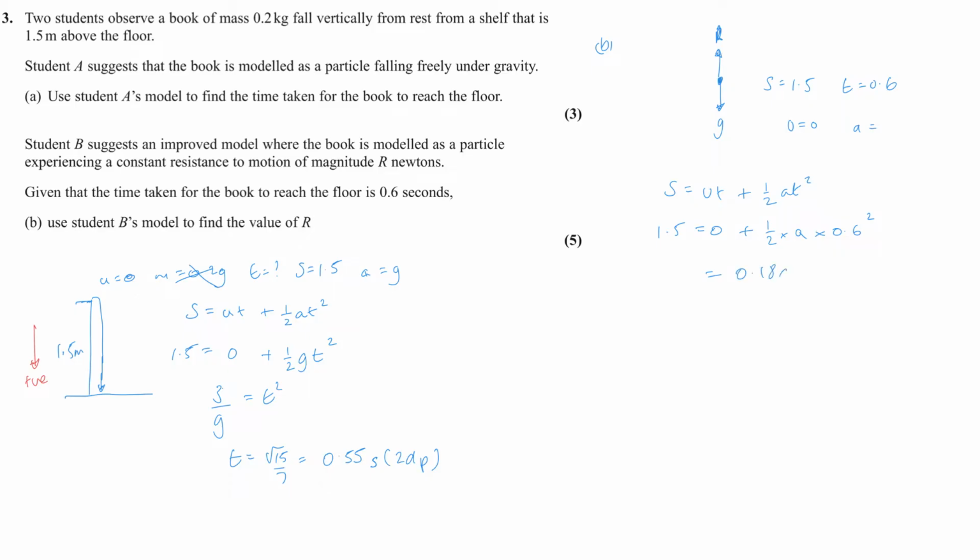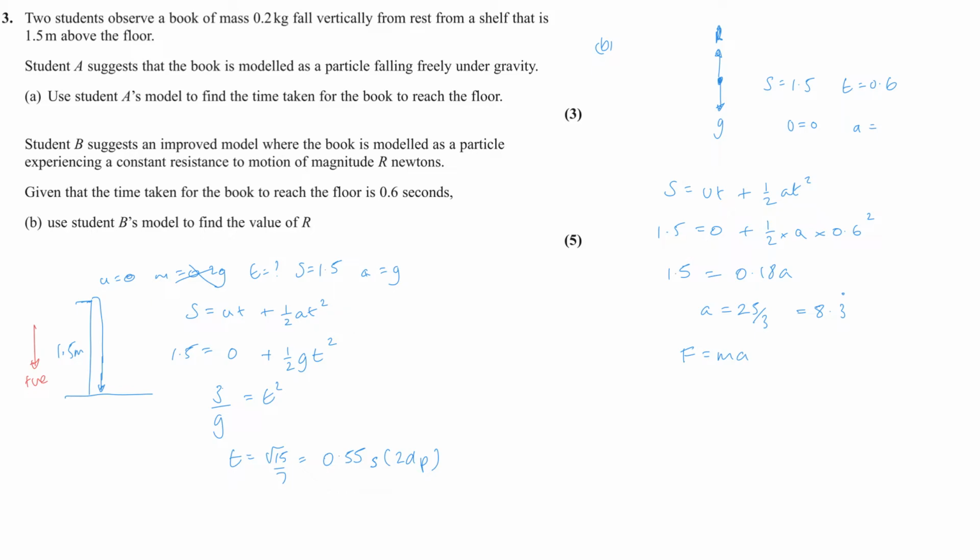So 0.18a equals 1.5. 1.5 divided by that. So a is 25 over 3, or 8.3 recurring. And then F equals ma.